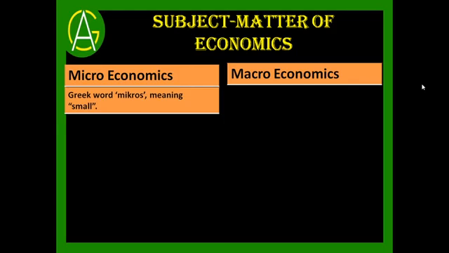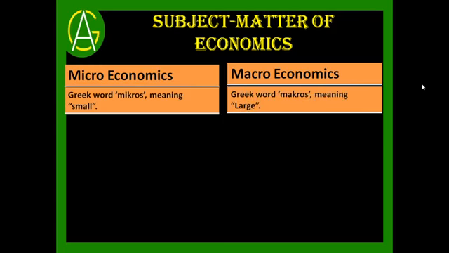Once again, do remember this. Micro is derived from Greek word mikros, and mikros means small. Same way, macro is derived from Greek word makros, and makros means large.